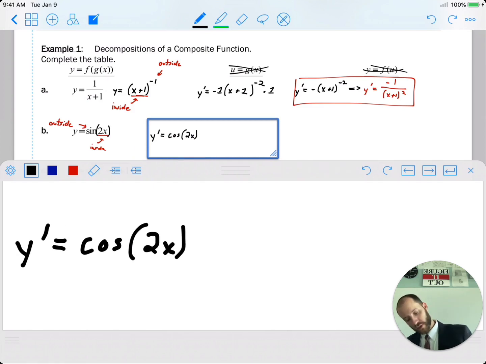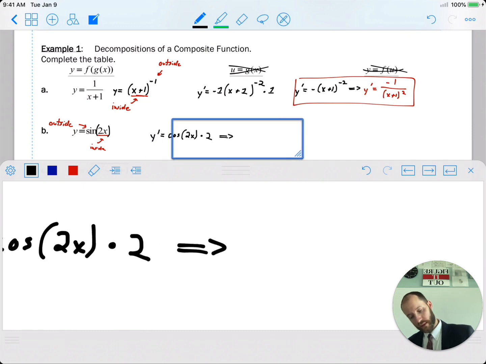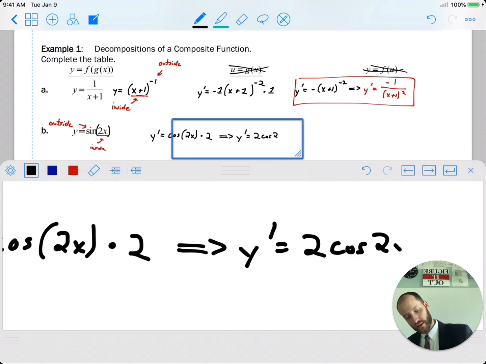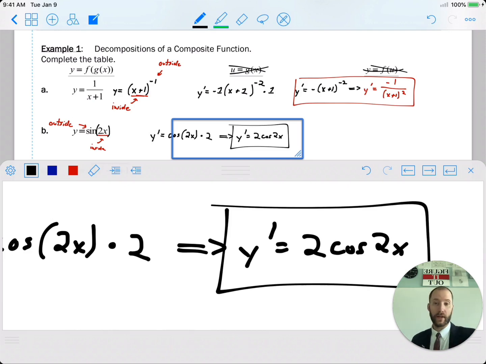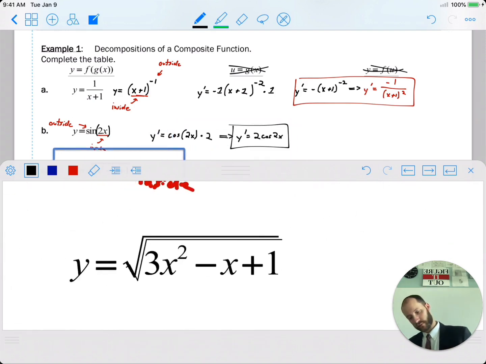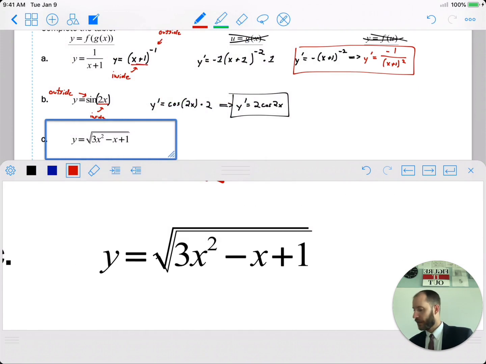Lastly, you times by the derivative of the inside, so derivative of 2x is 2. So to really basically clean that up, 2 cosine of 2x. There you go. Let's look at another one.